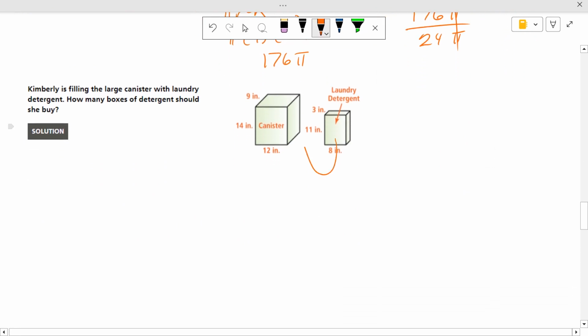Kimberly is putting laundry detergent into this canister from the small to the big. How many smalls will fit into the big? Well, when it's a box, it's super easy to find the volume. Volume is length times width times height. What's 12 times 9 times 14?